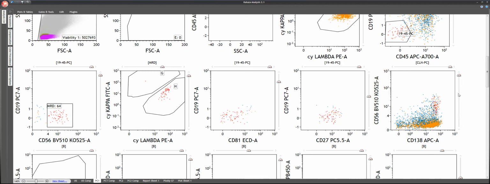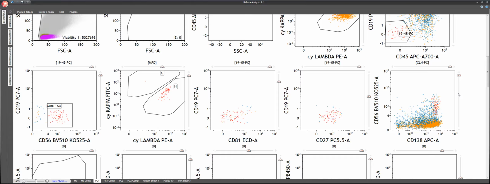Only in next generation flow we use automated analysis, where you can use the PCA if you have fixed markers, and if you have the expression pattern of all these markers, and compare with the data bank which is there with Euroflow.